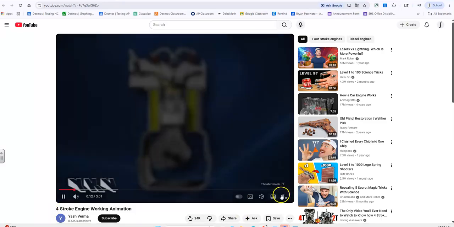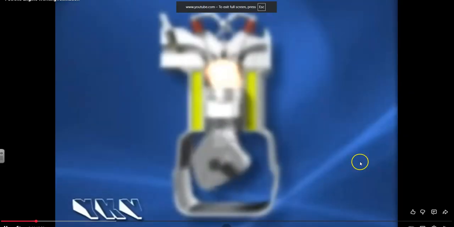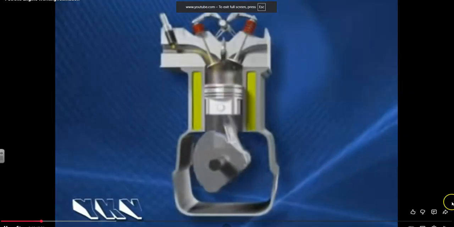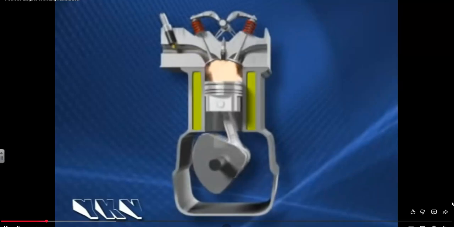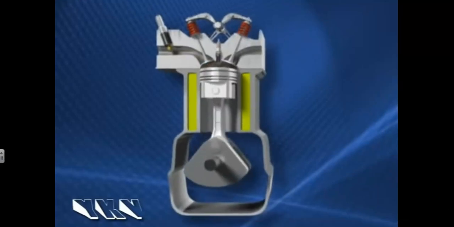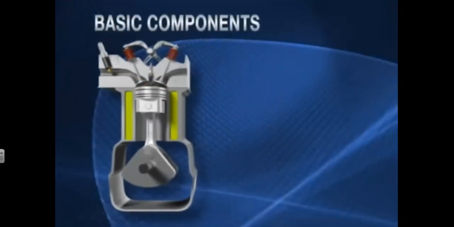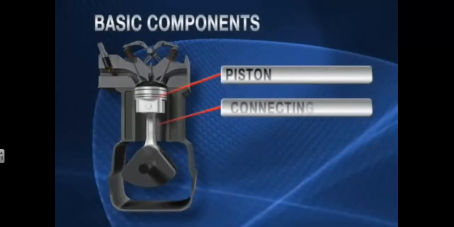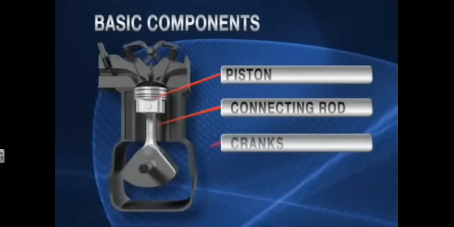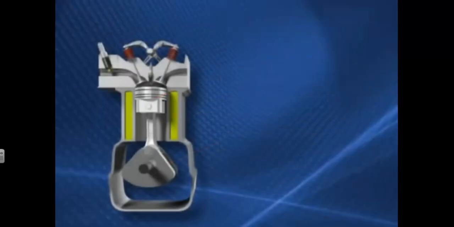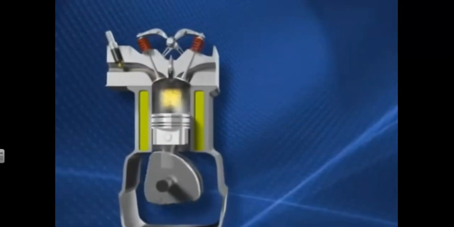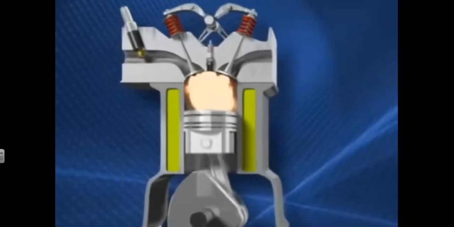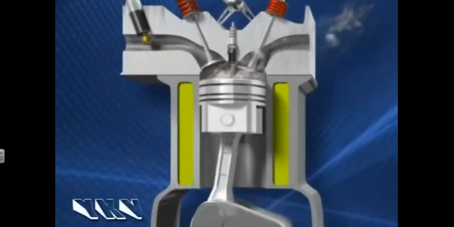A basic lesson in the fundamentals of a 4-stroke EFI gas engine may be helpful to your understanding of Mercury products. Here are the basic components of every 4-stroke gas engine: a piston, a connecting rod, a crankshaft. As the piston travels up and down in the cylinder, this lateral motion is turned into a rotating motion at the crankshaft.